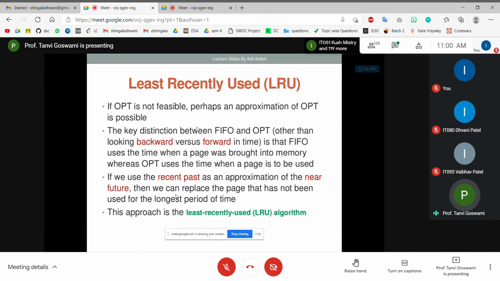That is according to the least recently used algorithm, or LRU. Again, we can replace the page that has not been used for the longest period of time. That is the same thing. It is called the least recently used algorithm, which means the page which is not being used much will be replaced first.